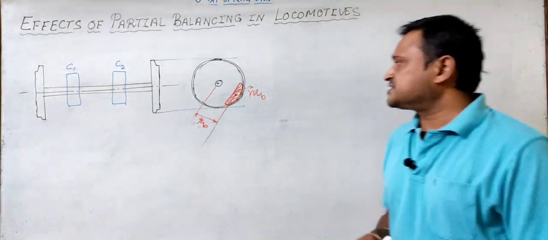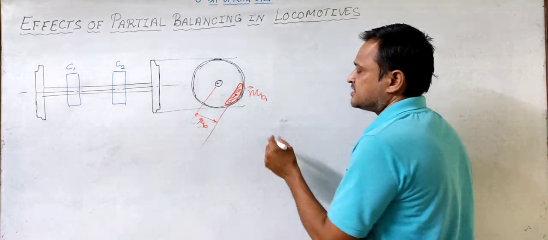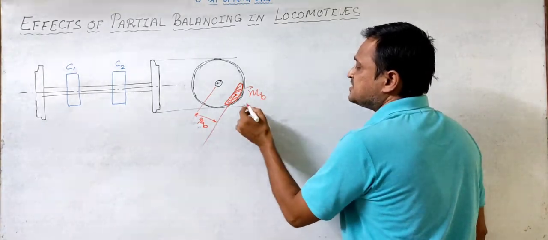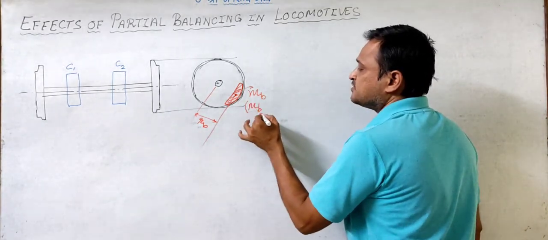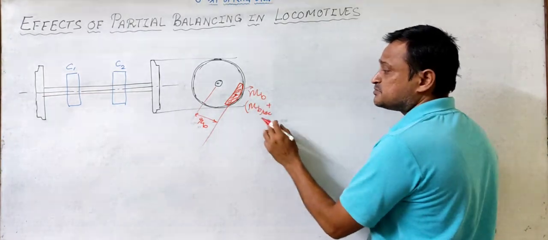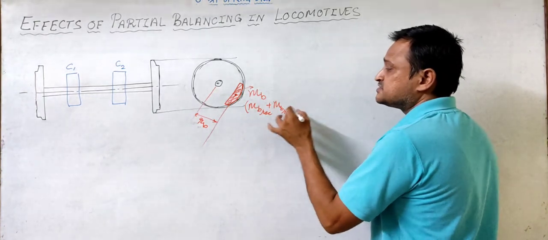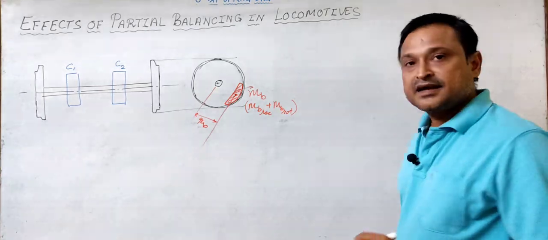Now I will name this as M1B. This total MB is actually taking care of reciprocating plus rotating.